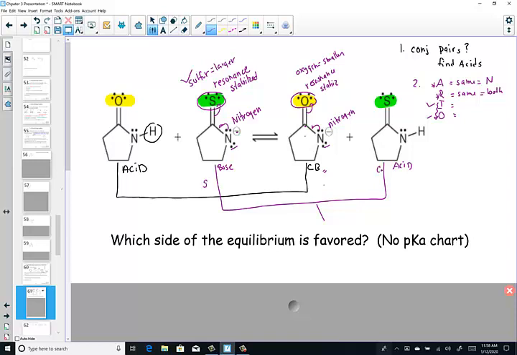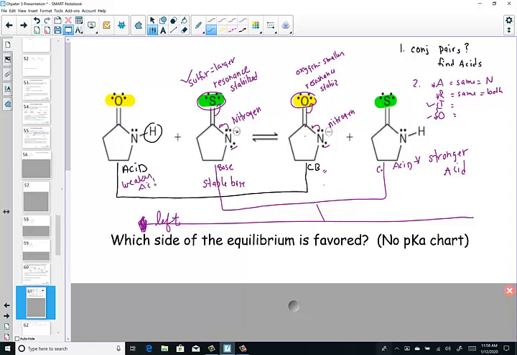So that means this is a more stable base, meaning that its acid over here is a stronger acid, which now helps us remember that the stronger acid always pushes towards the weaker side. So this equilibrium is going to be lying to the left, which has the weaker acid.